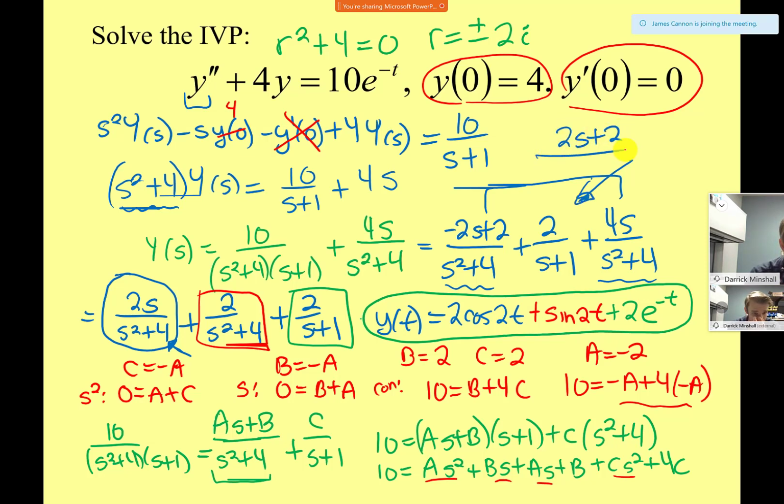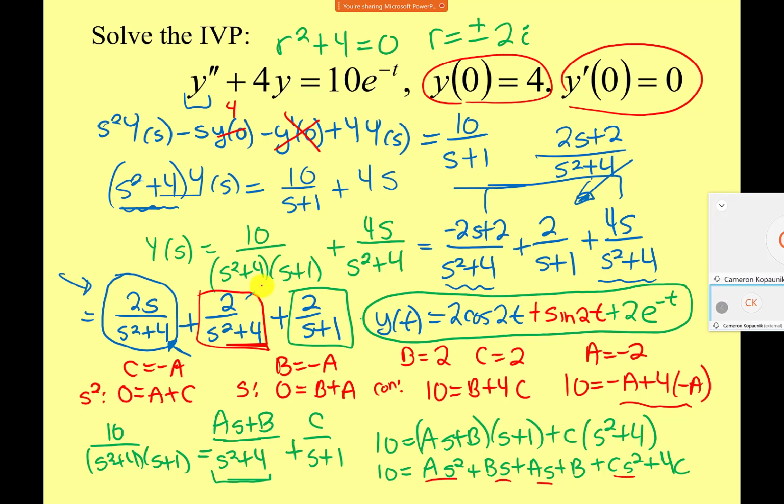I didn't write it because of room, but yep. And then down when you figured out each part of the solution, where did the plus 2 go? Right here. See, I split them up. I stuck the s squared plus 4 under the 2s term, and that's my first one that's circled there. And then I stuck it under the 2 term, and that's the one that's boxed in red there. Okay, I get it. Thank you.